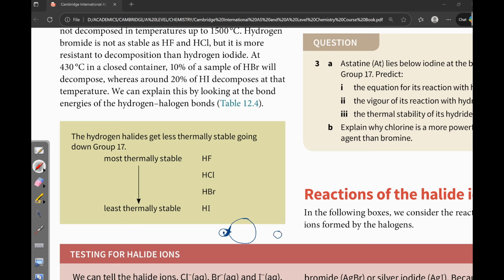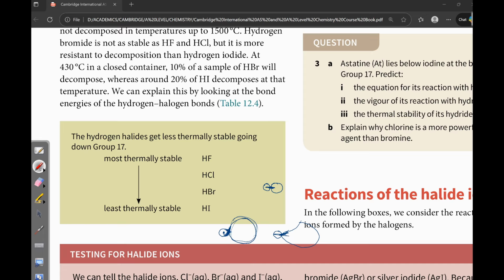You find that the charge on this iodine is distributed over a long what? Over a big volume. So the bond produced here is going to be weaker compared to chlorine. You have hydrogen and then chlorine, okay? They are small, so the bond here is stronger than here.